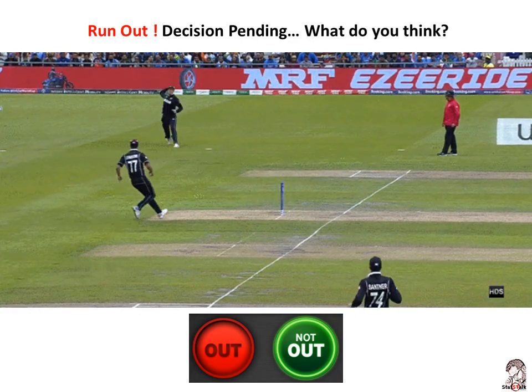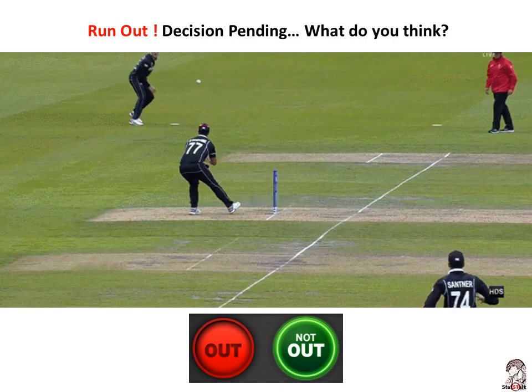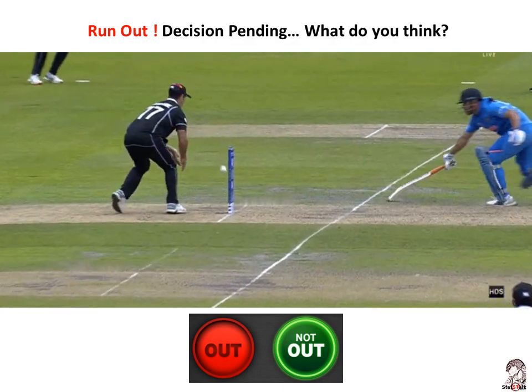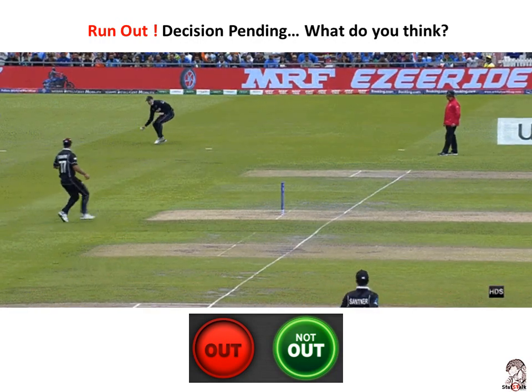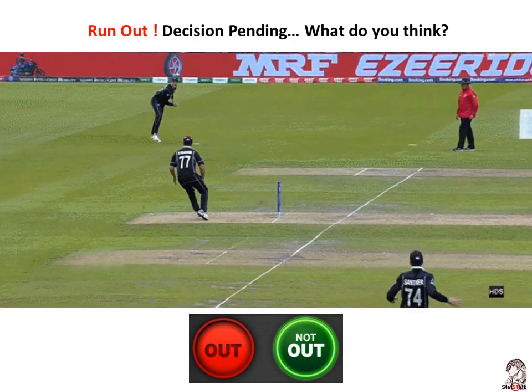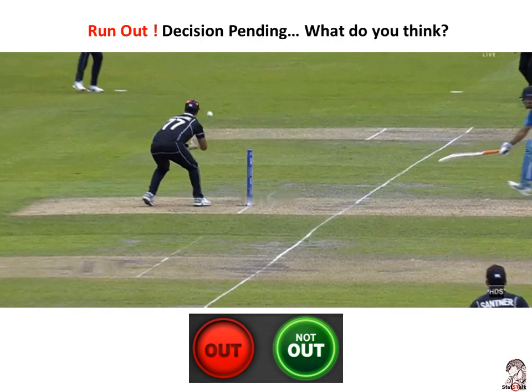To understand the interrelationship between type 1 and type 2 error, consider the following example of the third umpire's decision in regards to this run out in a cricket match. What do you think? Out or not out?